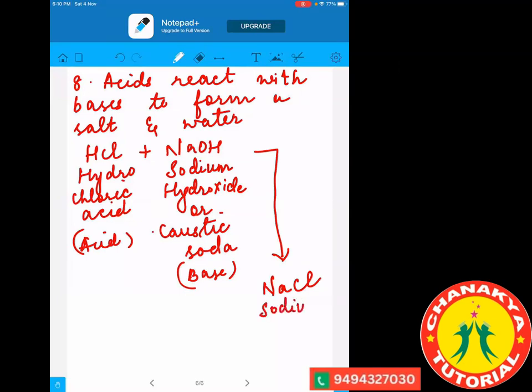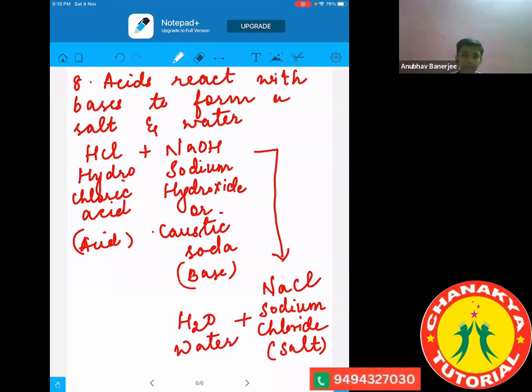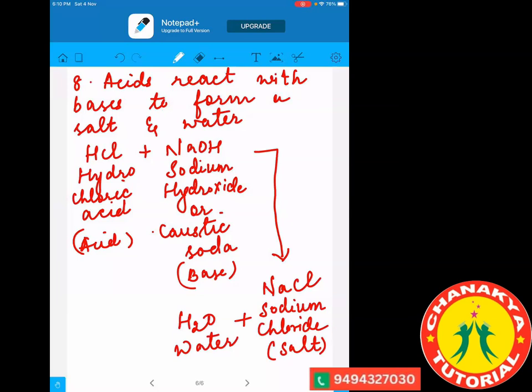This is also a type of salt. And they release the water also. Clear? So this NaCl is basically the normal salt. Whatever salt we are using at home, that is the NaCl only. Fine?